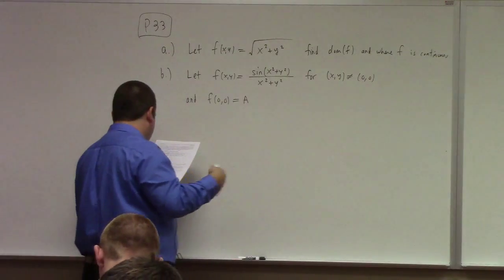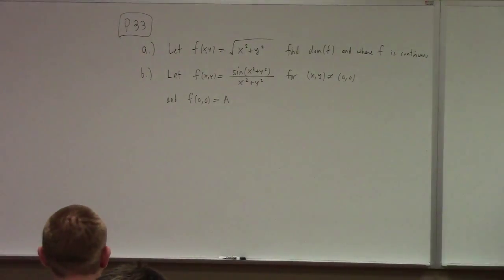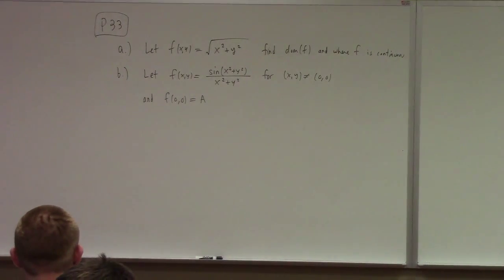Then choose the appropriate value for a such that f is continuous on R2, and show relative to the choice that f is indeed continuous on R2. So that's how 33 was meant to be understood.